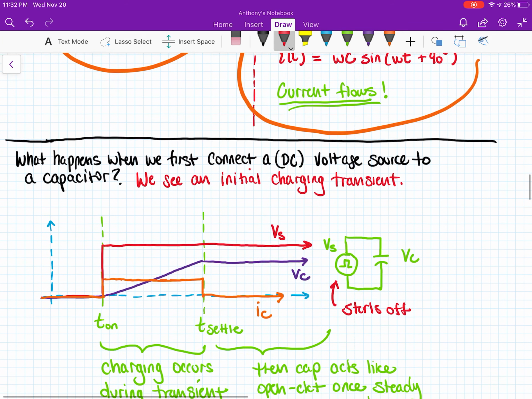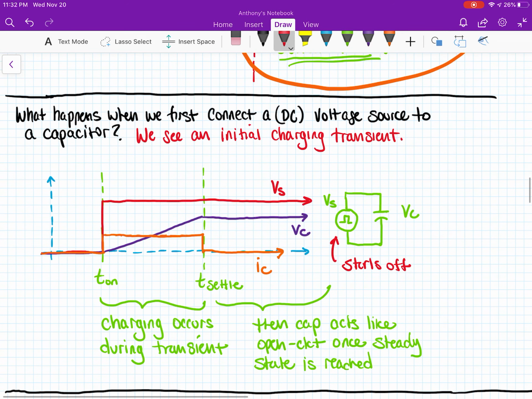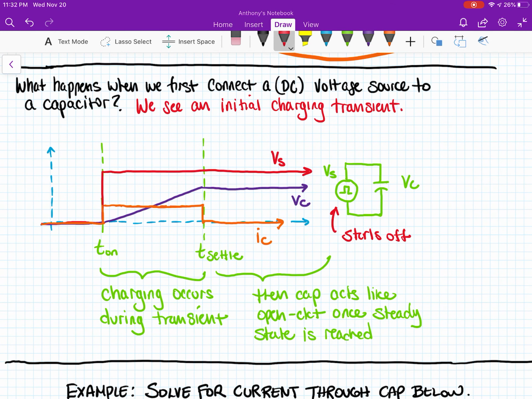But what happens when we first connect a DC voltage source to a capacitor? Does anything different happen? And so what we see is an initial charging transient. So what I've drawn here are a couple different waveforms. They all relate to this circuit here, which is simply just a voltage source connected to a capacitor.